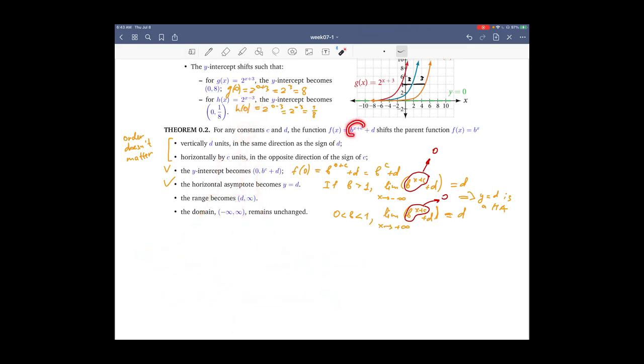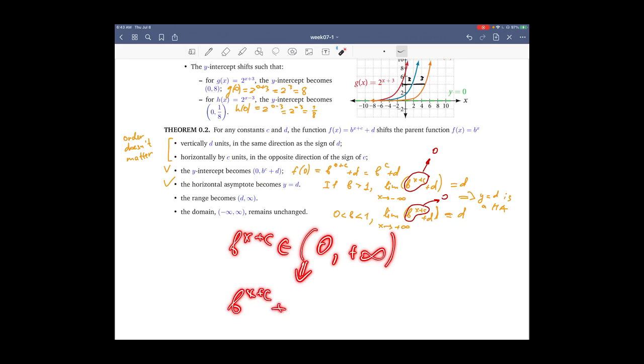Because b to the power x plus c will take the entire interval 0 infinity, when you add d to this, you simply shift the interval 0 infinity by d to get the interval d infinity.